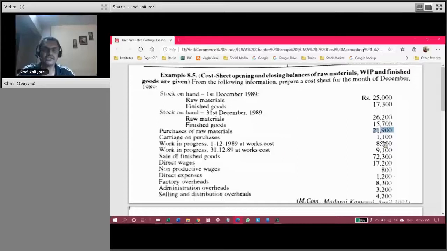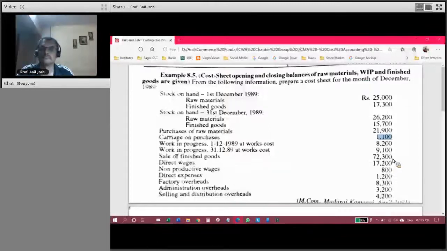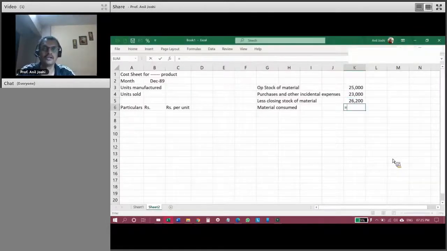And carriage on purchases, that is also incidental expenses, 1,100, that will be added in purchases. Perfect. So how much is the material consumed now? Opening stock plus purchases minus closing stock. That will go here, direct material.